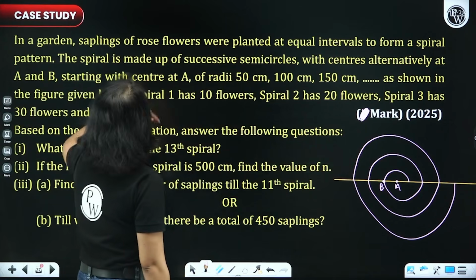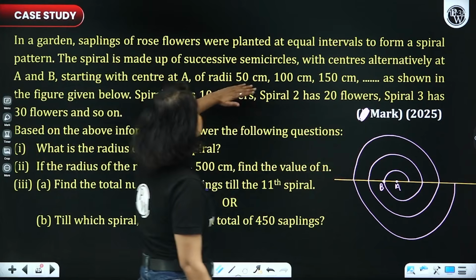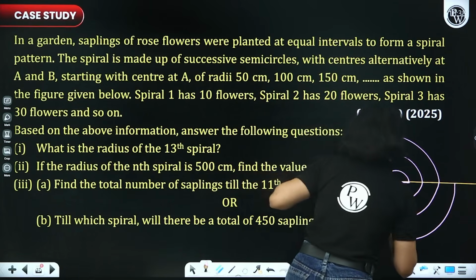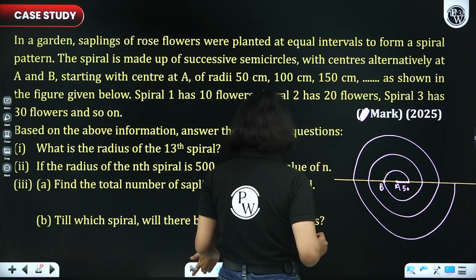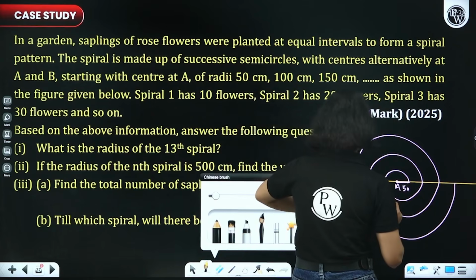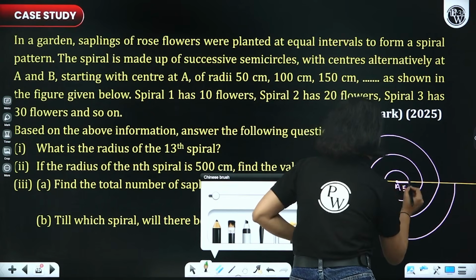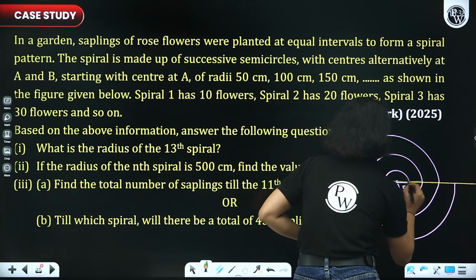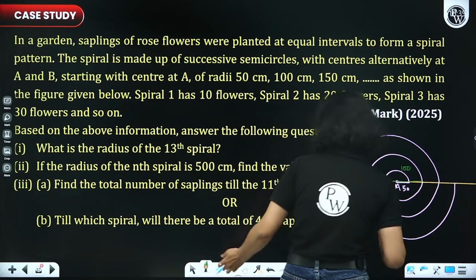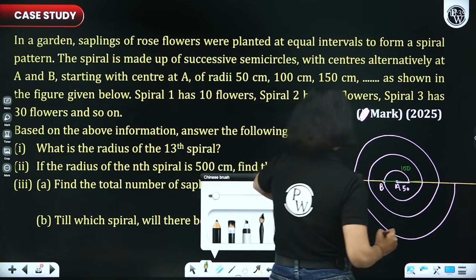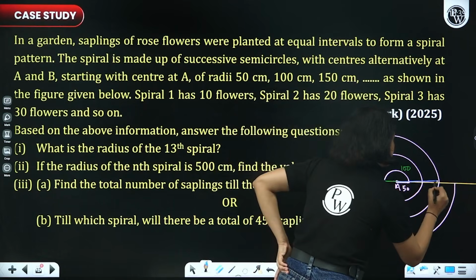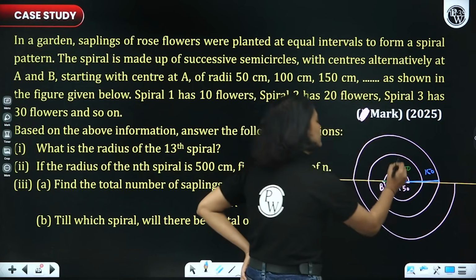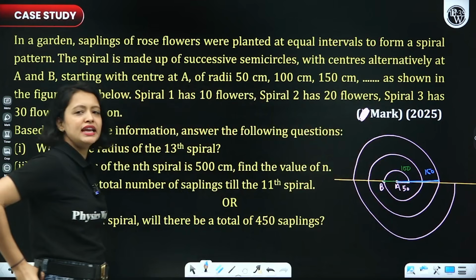Now, what are the radii? The first is 50 centimeters, the second is 100, the third is 150, and so on.